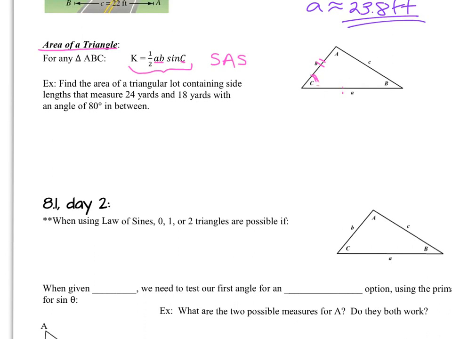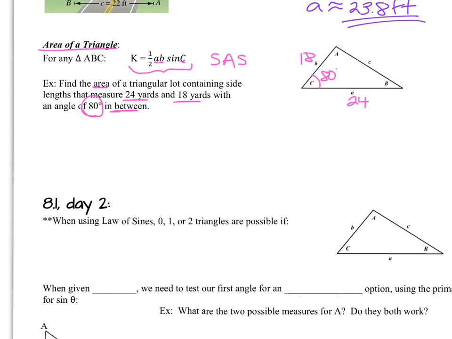So it says find the area of a triangular lot containing side lengths that measure 24 and 18. So I'm going to make my A 24 and my B 18 just to kind of model this definition with an angle of 80 degrees in between. So that would be our angle C. You've got that side, angle, side kind of grouping.